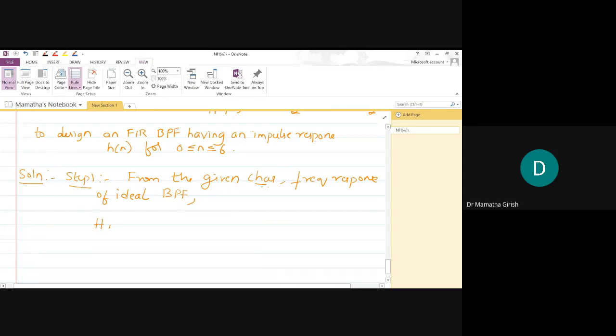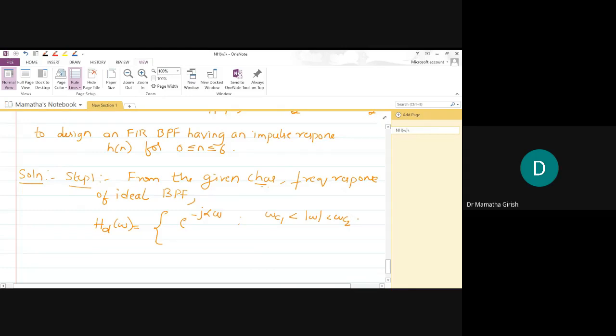is given by Hd of omega equal to e to the power of minus j times alpha times omega, for the range omega c1 less than magnitude of omega less than omega c2, less than pi.